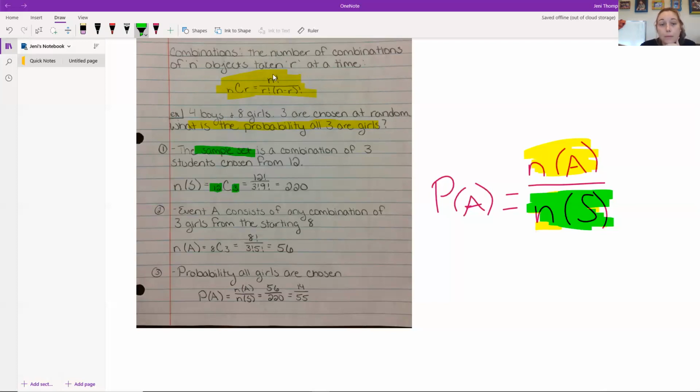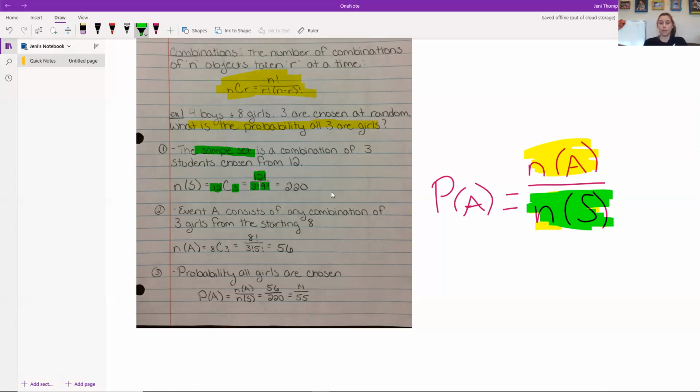When we follow the formula, we get n factorial, so 12 factorial, divided by r factorial, where r is 3 because only 3 are chosen, so 3 factorial, times n minus r factorial. Our n is 12, our r is 3, 12 minus 3 is 9 factorial.